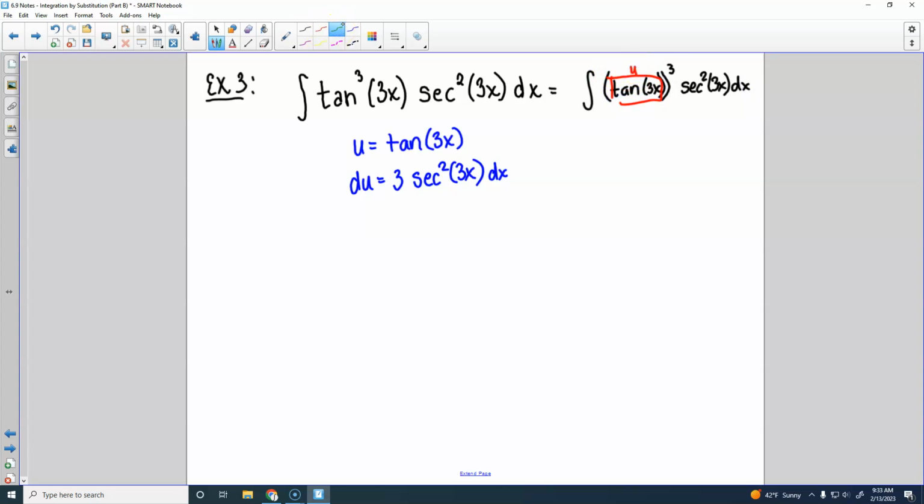And then I don't quite have the du that I need. What is missing from my du? The 3. But that's okay. As long as it's just a coefficient, I can multiply by that 3 here and put a 1/3 out front. So then this part right here is my du.